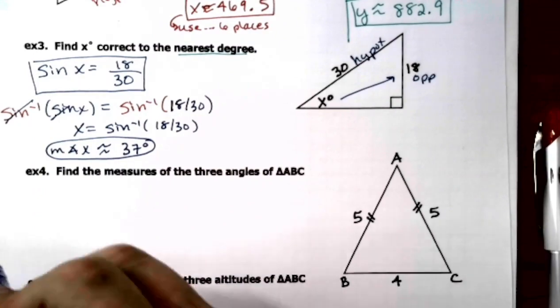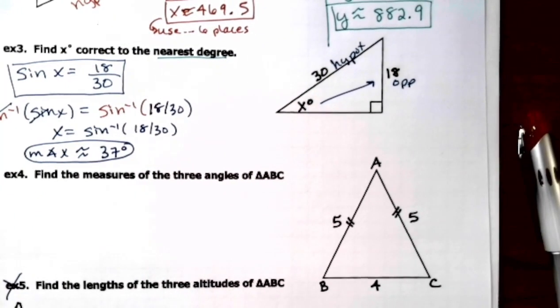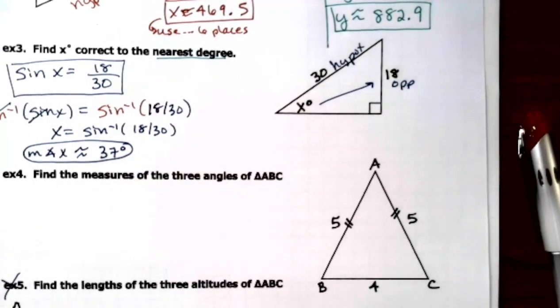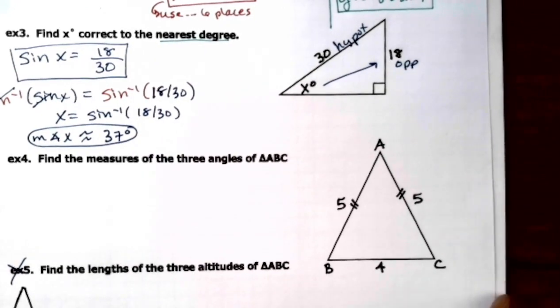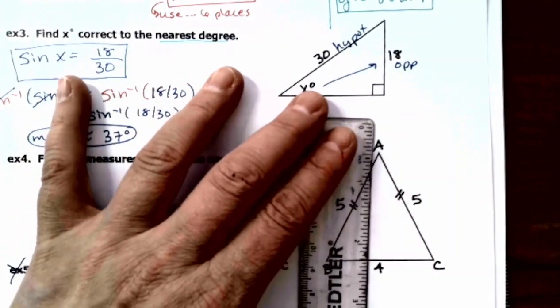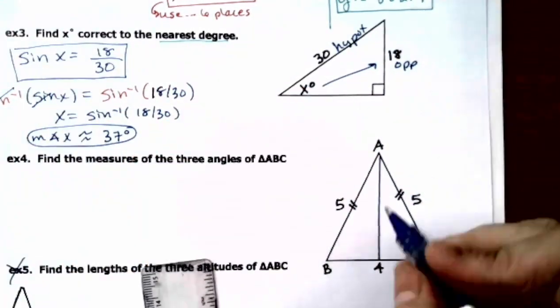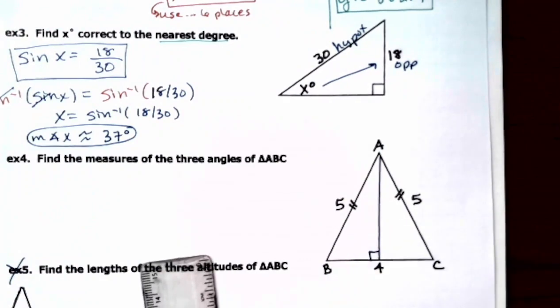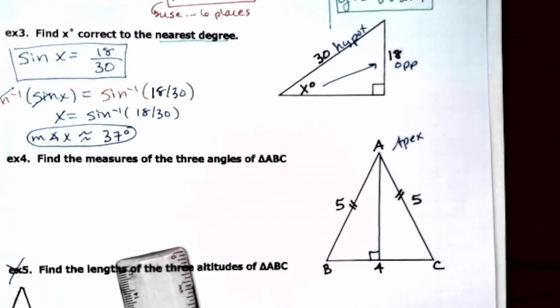All right, last one we're going to do, we're actually going to skip number 5. This is an isosceles triangle. And what we're going to do is we need to find the angles of the triangle, but in its current form, we can't do it because it's not a right triangle. So what we need to do is create a right triangle. So I'm going to drop an altitude straight down from A. We know that the altitude from the apex angle of an isosceles triangle bisects the opposite side.